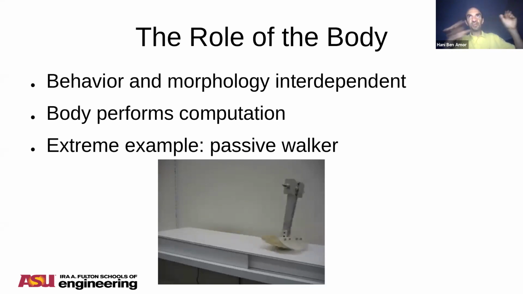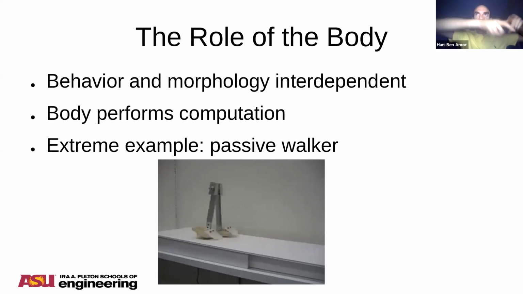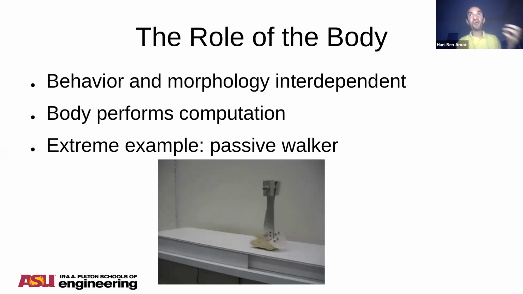When you put it on a ramp, it will just walk down. That happens automatically as a result of gravity pulling it down, and then gravity being turned into a force or moment in the perpendicular direction. And that leads the robot to just walk.